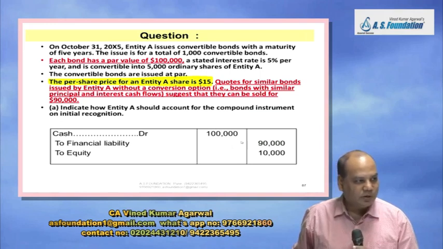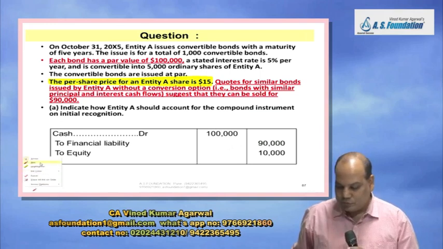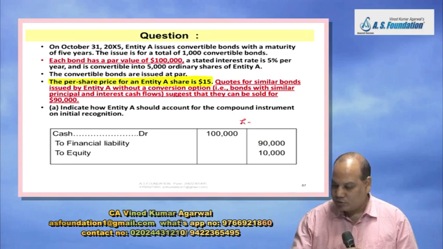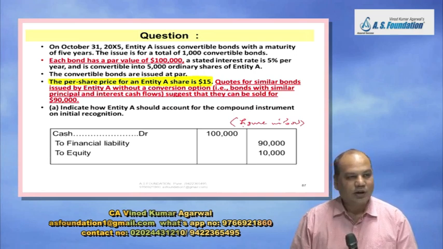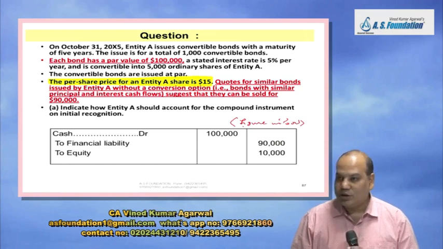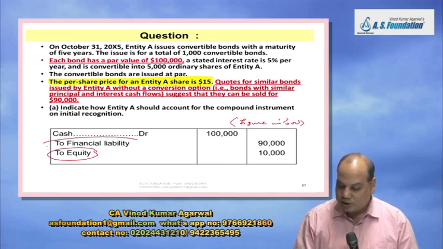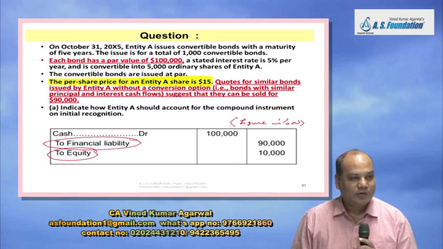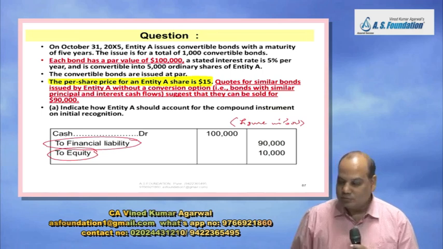You want to multiply by 1000? No. Then write here figures in 1000. To financial liability 93,000 and to equity 10,000. Do not write equity 75,000 and liability 25,000 as the balancing figure. That will be wrong.